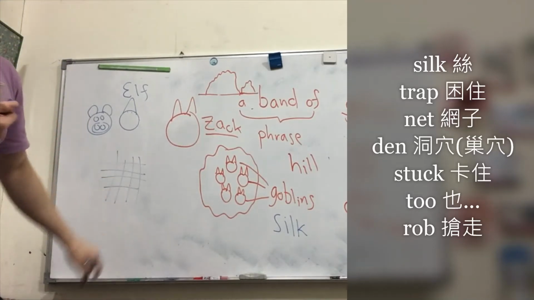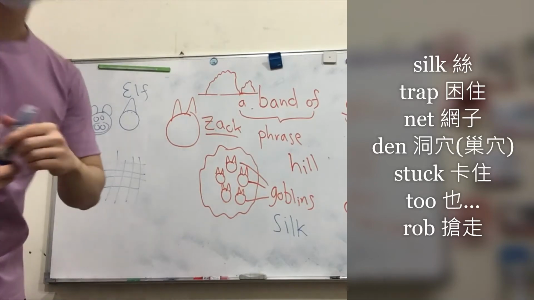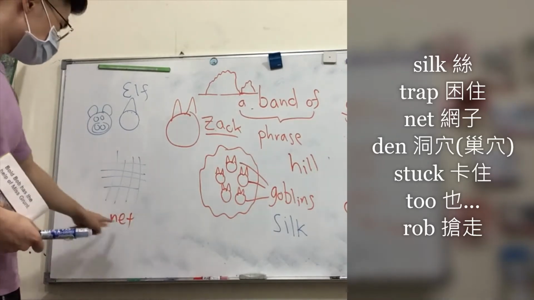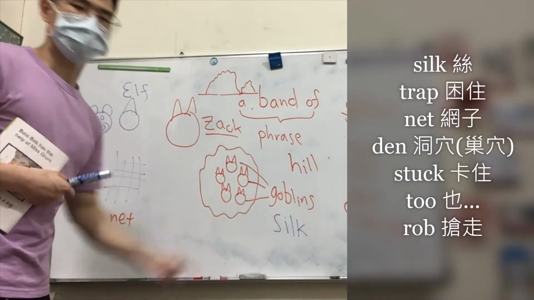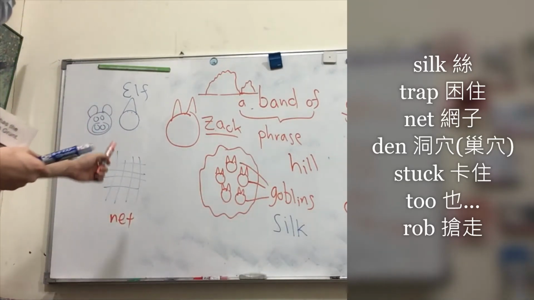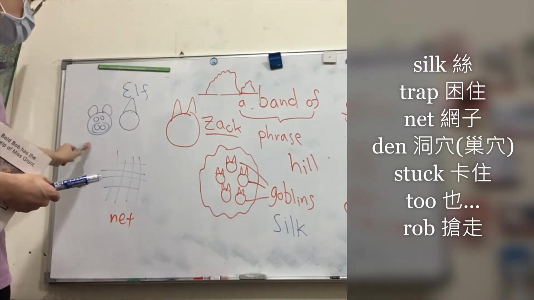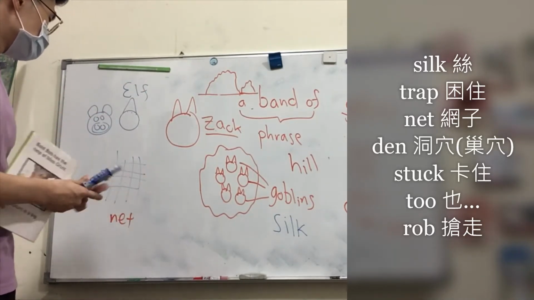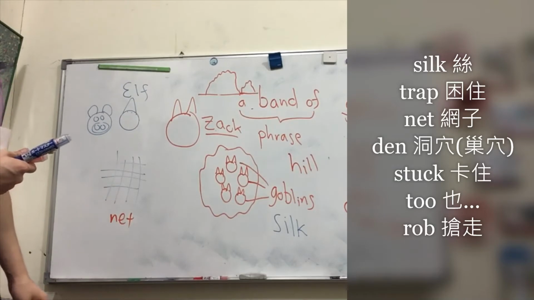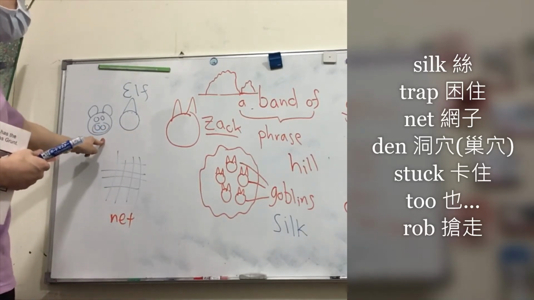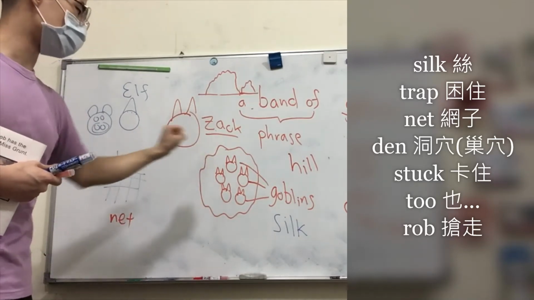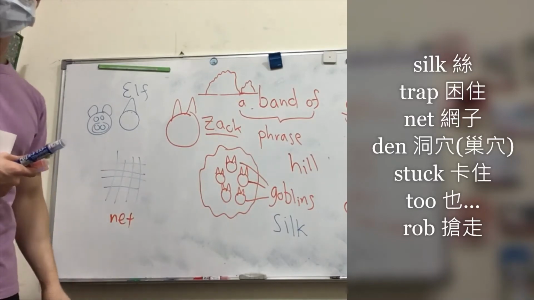This is a net, N-E-T. And the net is made of silk. So what the two of them are trying to do is to use the net to capture the goblins, to trap the goblins. The elf and Miss Grunt, their plan is to use the net to capture the goblins.